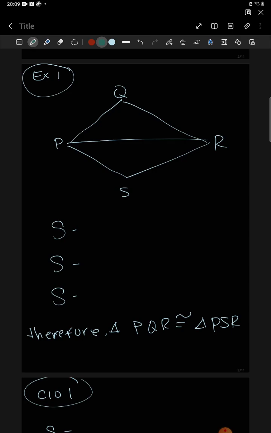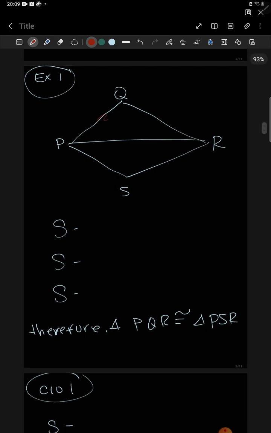It's given that segment PQ is congruent to segment PS. So I'm going to come over here and make tick marks, just like they said. It is also given that segment QR, right here, is congruent to segment SR. So let's go ahead and write those things down.